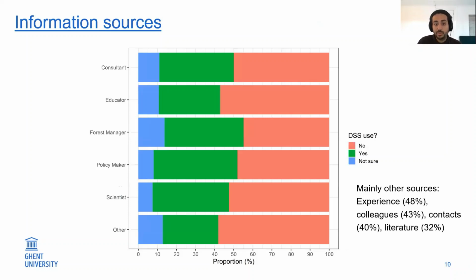And then we also asked what the sources are that our respondent pool uses. And we see that DSS is not very popular because around 60% is not using a DSS. But mainly other sources are used, such as experience, colleagues' knowledge, context, literature, and so on.